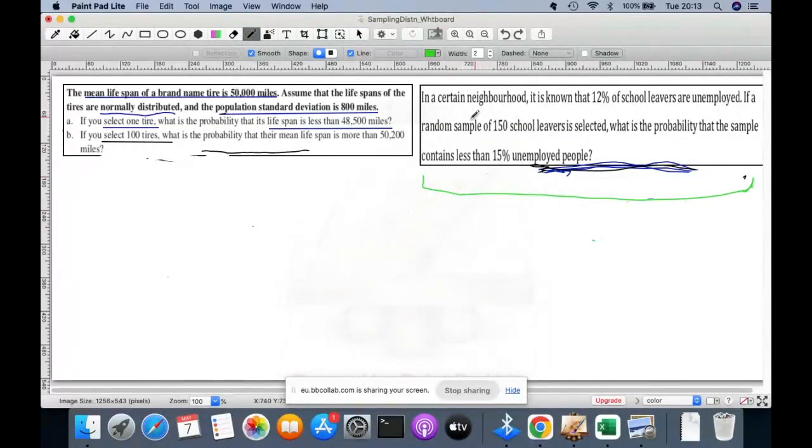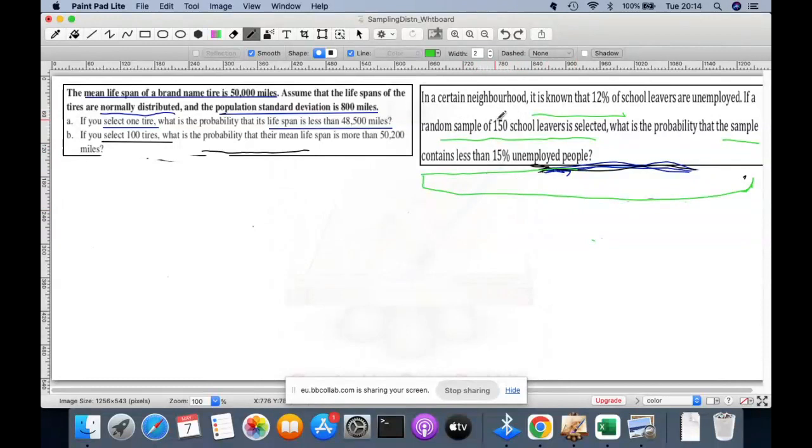It says, in a certain neighborhood, it is known that 12% of school leavers are unemployed. If a random sample of 150 school leavers is selected, what is the probability that the sample contains less than 15% of unemployed people?